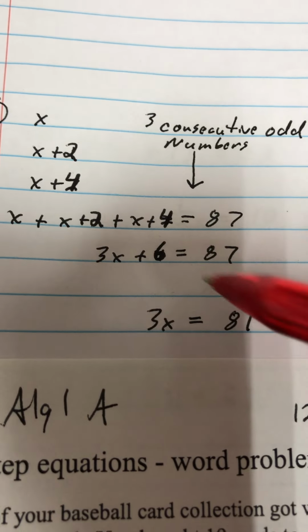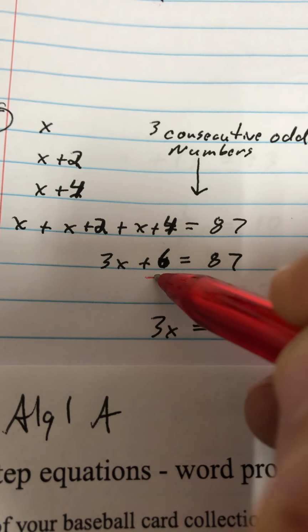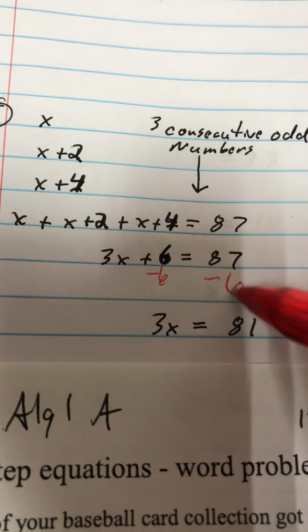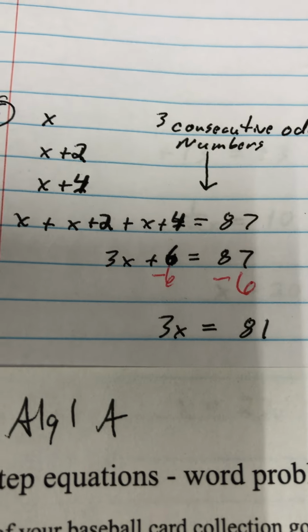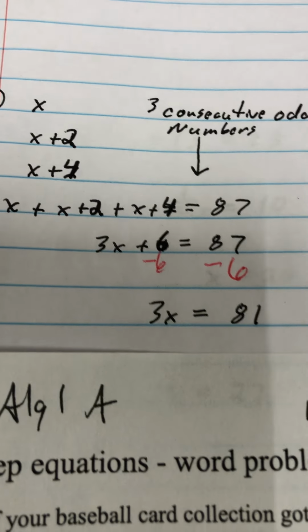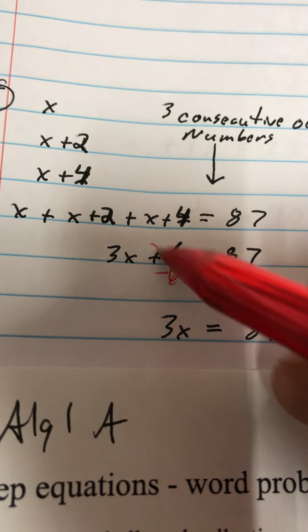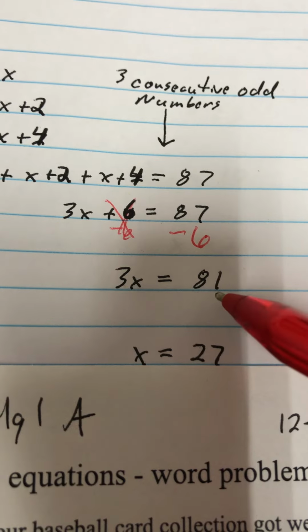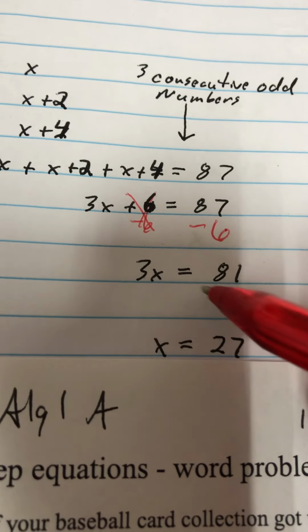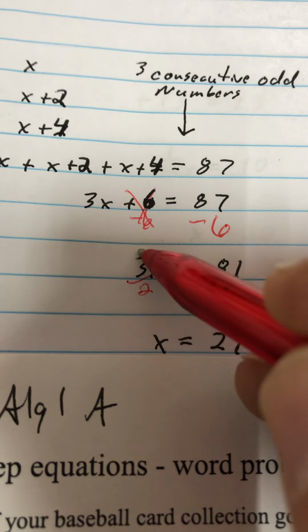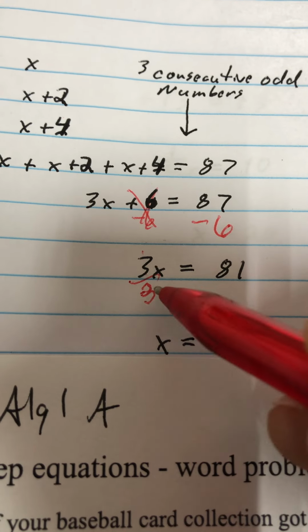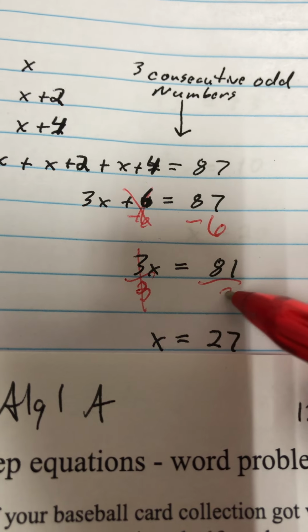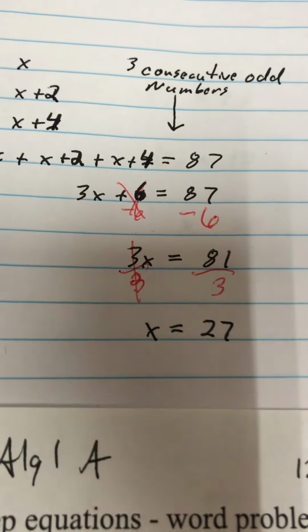I'm going to subtract 6 from both sides of the equation. I cancel these out, and I'm left with 3x equals 81. Then I divide both sides by 3. 3 divided by 3, and x equals 27.